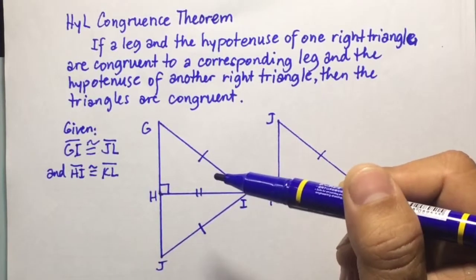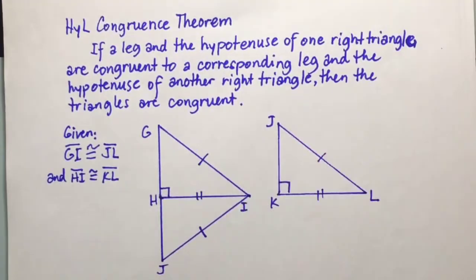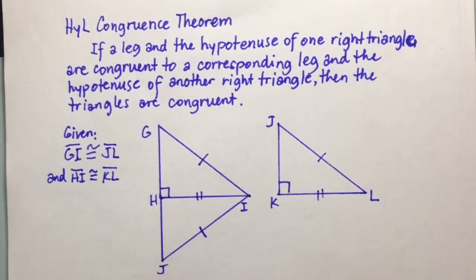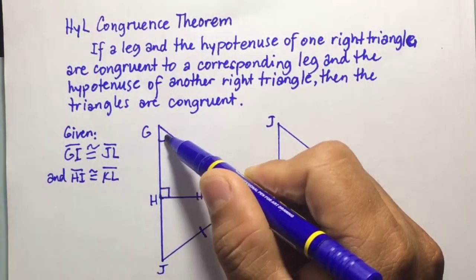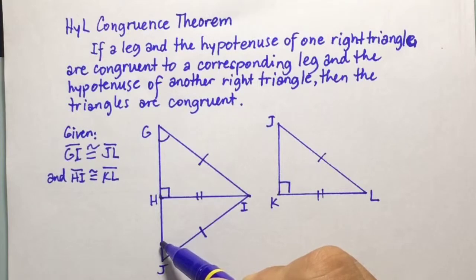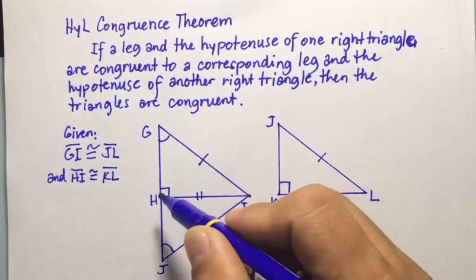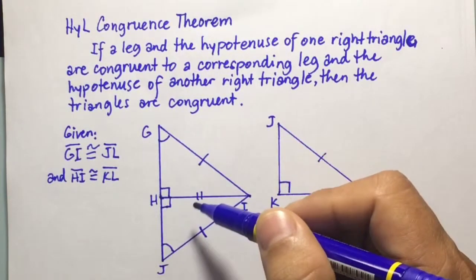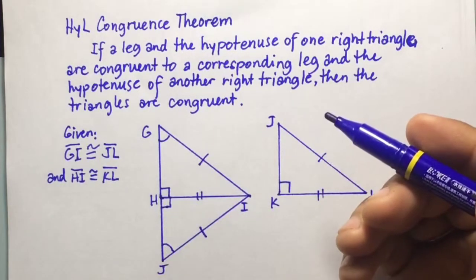And if we're going to use the isosceles triangle theorem, it states that if two sides of a triangle are congruent, then the angles opposite those sides are also congruent. So we can say that angle G here is congruent to angle J. And by this one, we can prove that these two triangles here are congruent using the SAA congruence postulate.